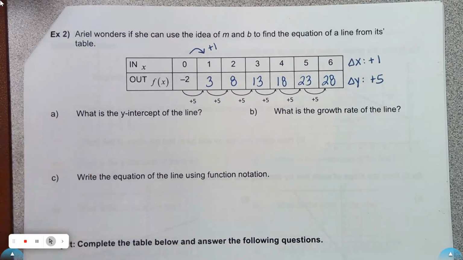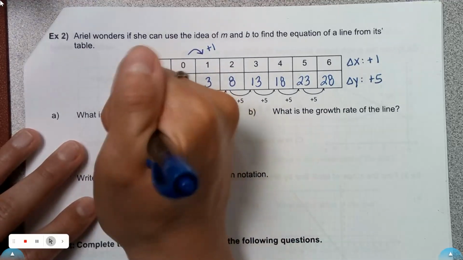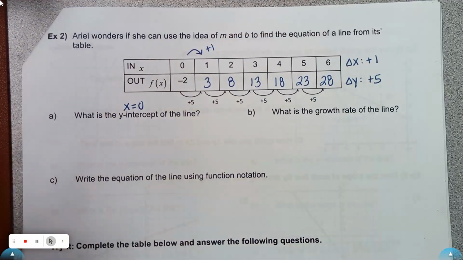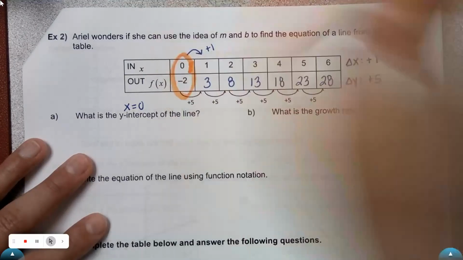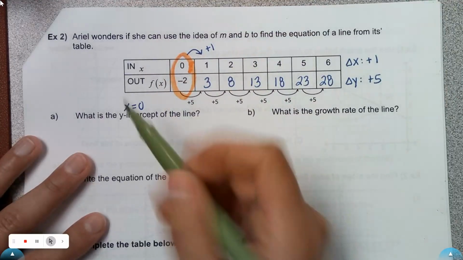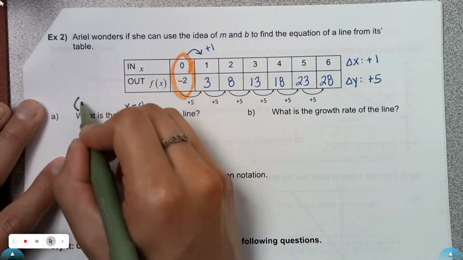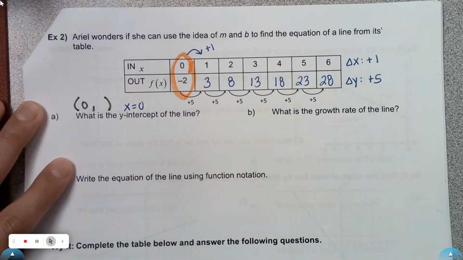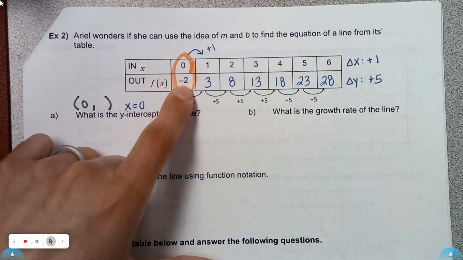Okay, perfect. So then here it tells you what is the y-intercept of the line. Remember, your y-intercept is where x equals 0. So I'm going to look for that in my table, and I see that right here. Remember, intercept means a point, so it has to look like this. Right, specifically for the y-intercept. So for me, it's going to be 0, negative 2.